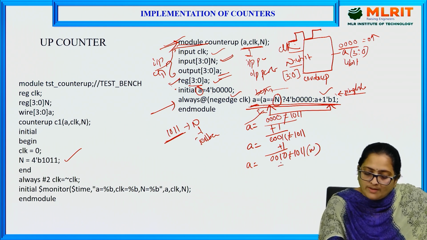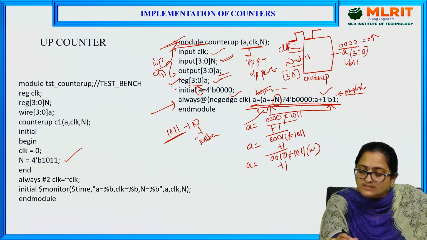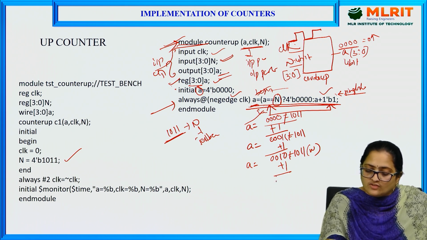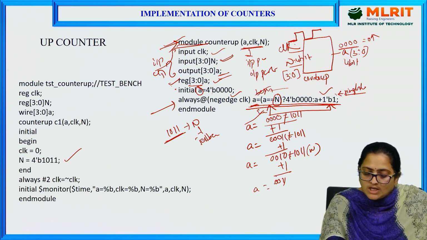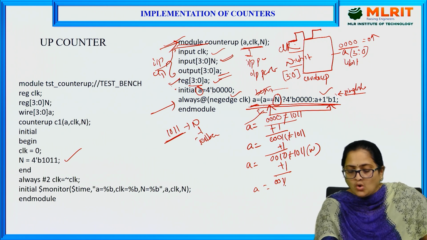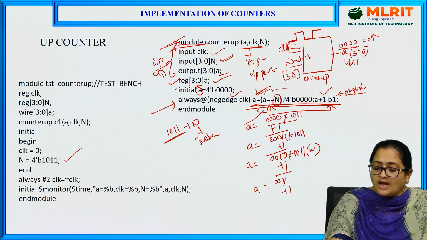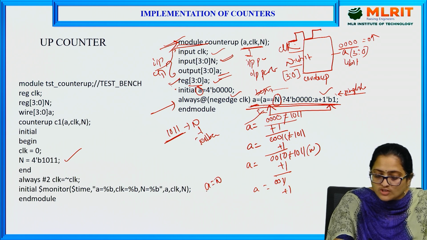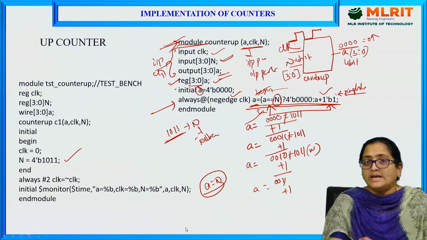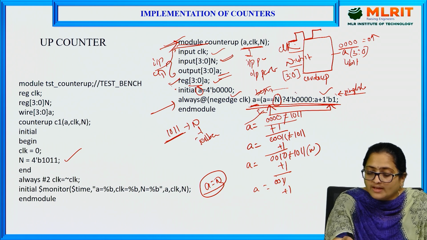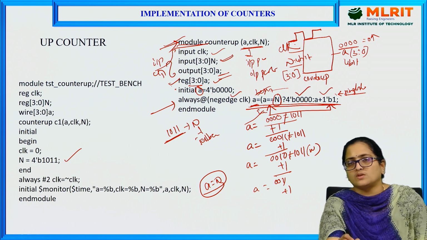So it will be incremented by 1 and gives us 0011. Now A value will be stored with 0011. It goes on incremented by 1 until A value reaches N. When it reaches N, your A value will again start with 0000.